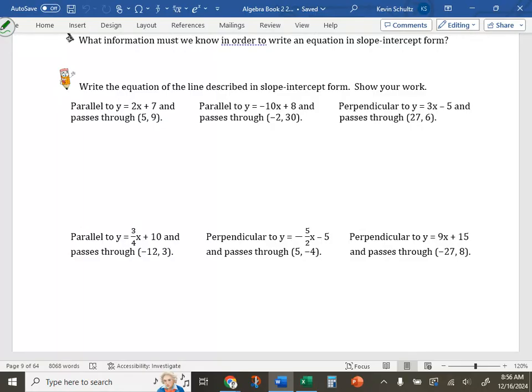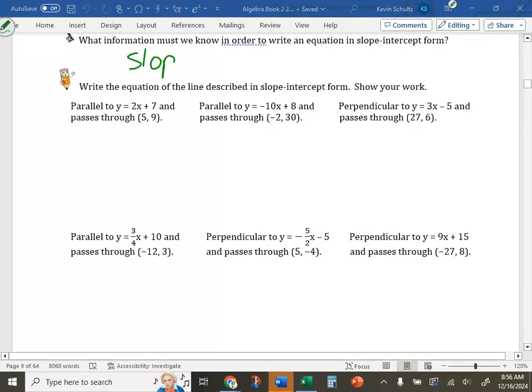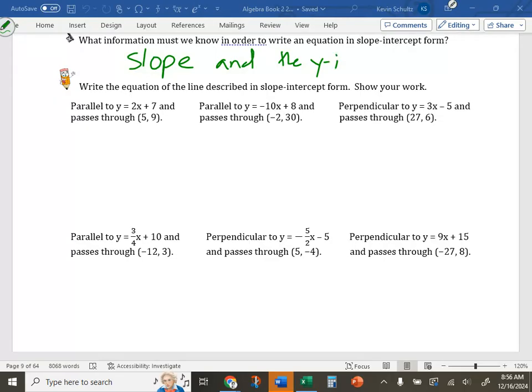You need the slope and the y-intercept. If those are the two things that you need, and you don't have either of those things, that's where you've got to find it, whether it be a formula, or setting up an equation, or whatever it is.